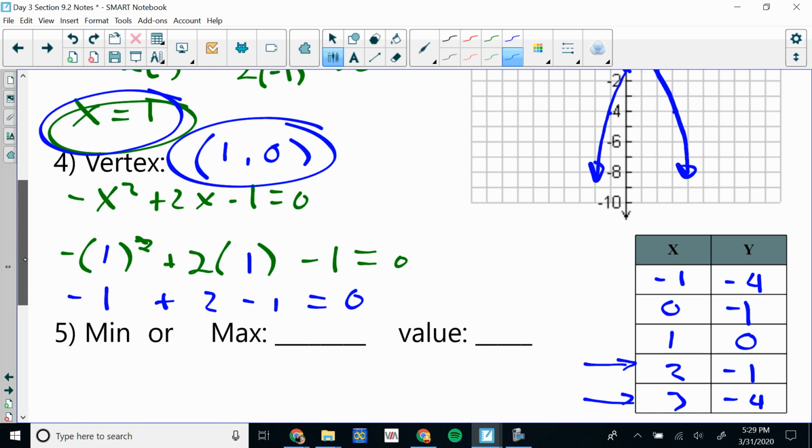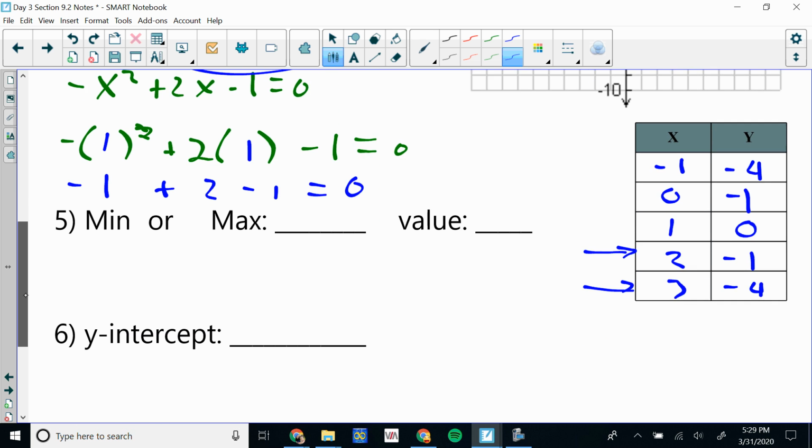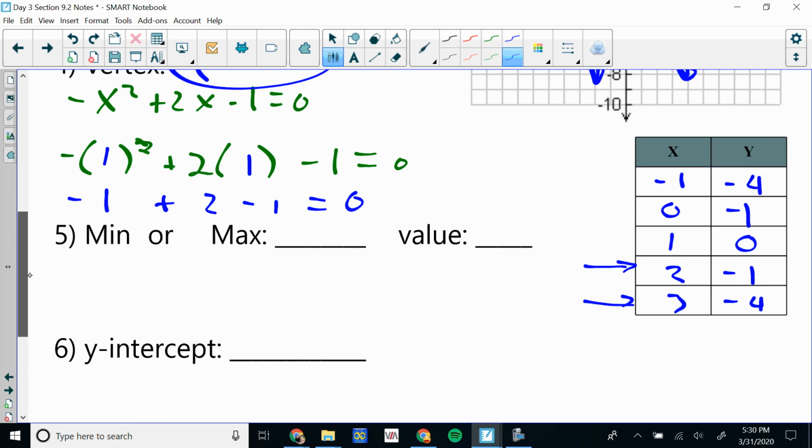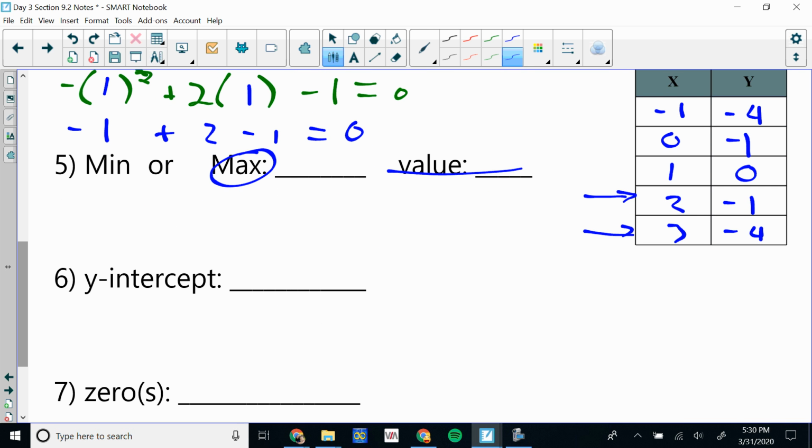Once we have that graph, we can see just by looking at it that it's only going to cross our x-axis in exactly one spot. Okay, so I'm getting a little bit ahead of myself. That's going to be our zeros, but keep that in mind. This one has a maximum value. We don't need to know what that value is. And the y-intercept of this one, again, we're looking at our table, seeing if there's a spot where x equals 0, and there is.